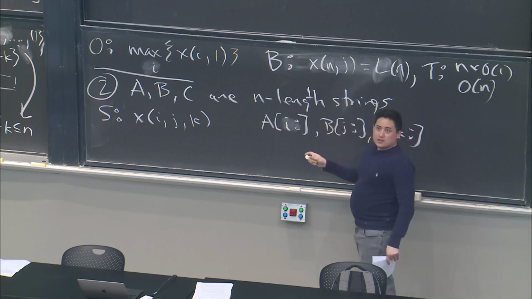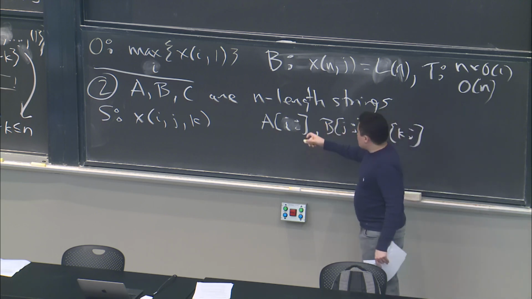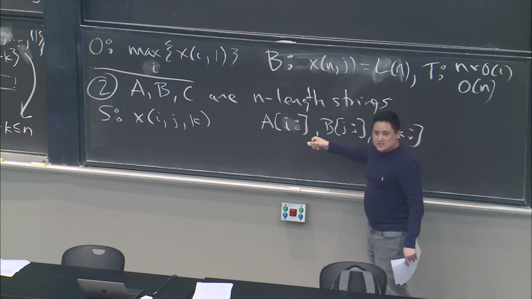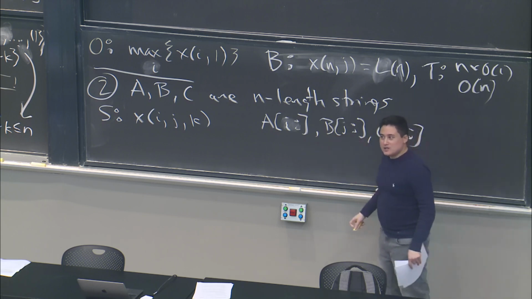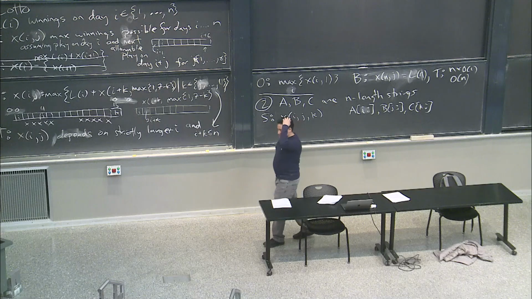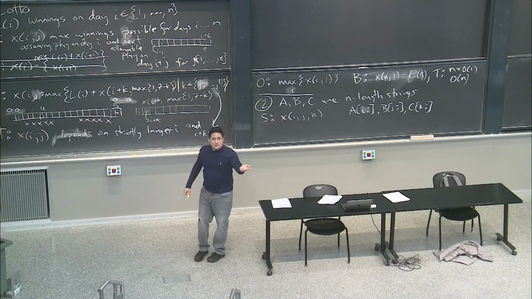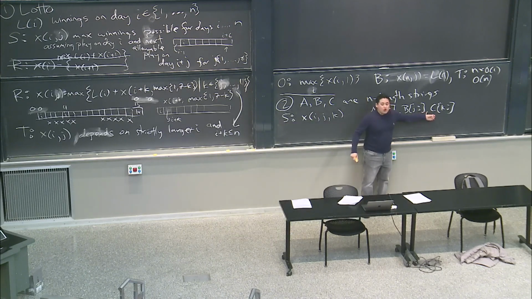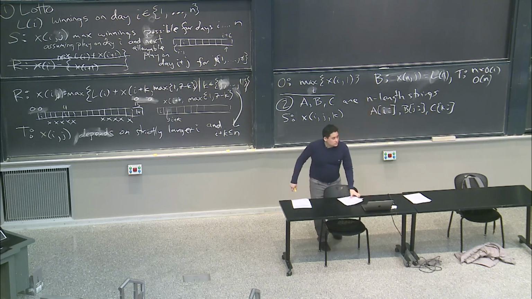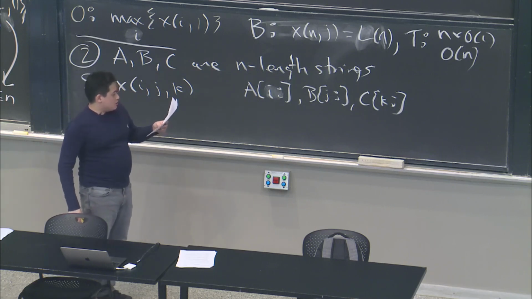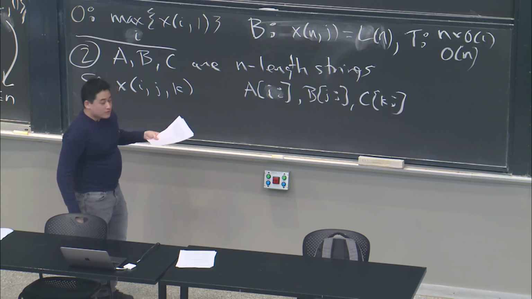What's the problem here? I mean, I could match this guy with one of these guys, or decide to skip it and match one of these guys and decide to skip it. But if I do that, I might get a subsequence. But actually, I always need to match all of C. Does that make sense? I always need to match all of C. Right?